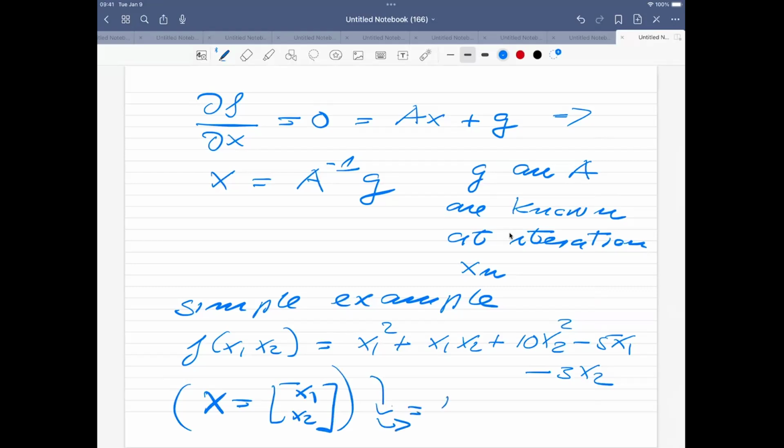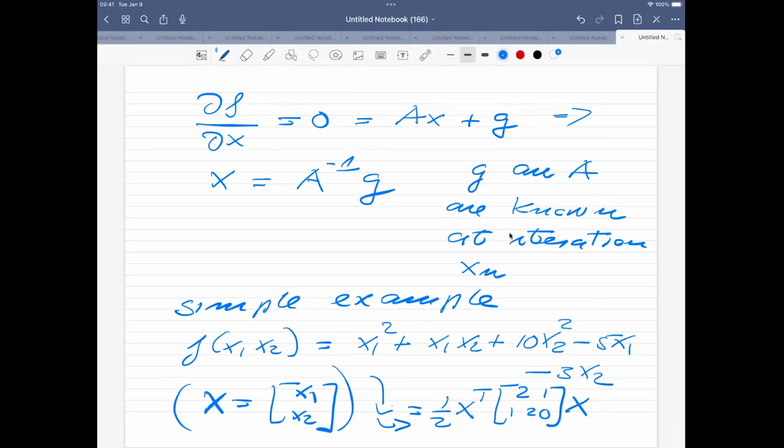So this function is equal to one half of x transpose, and the matrix A, when you look a little bit closer at it, is going to be 2, 1, 1, 20, multiplied with x1 and x2. I can write it more compactly like x. So just keep in mind that what you have now is x1 and x2 here, and x1 and x2 here.